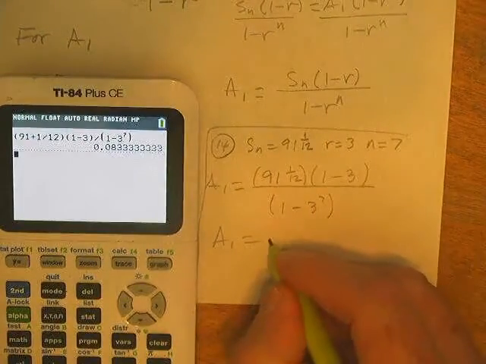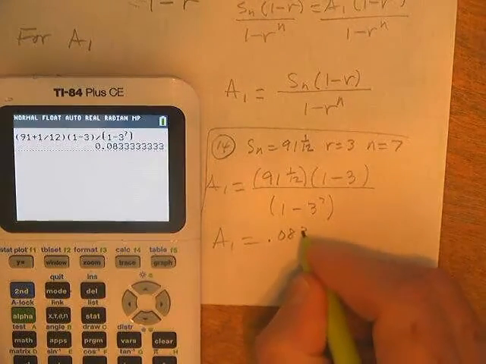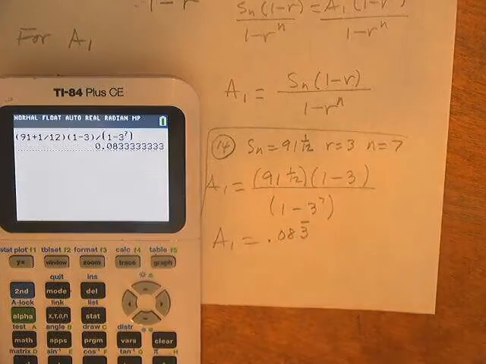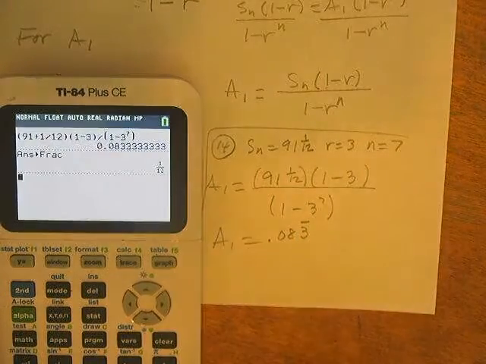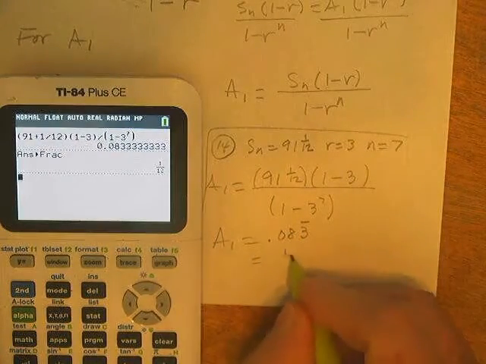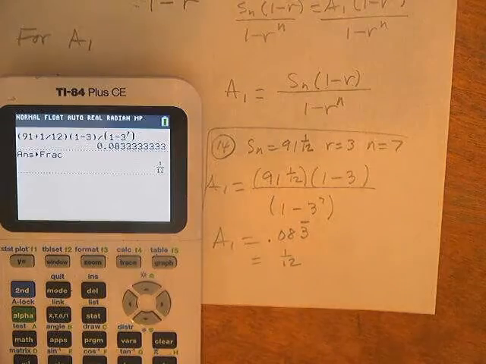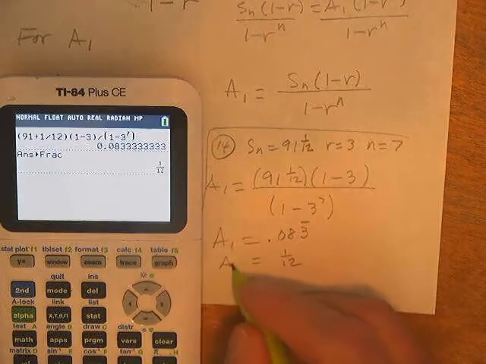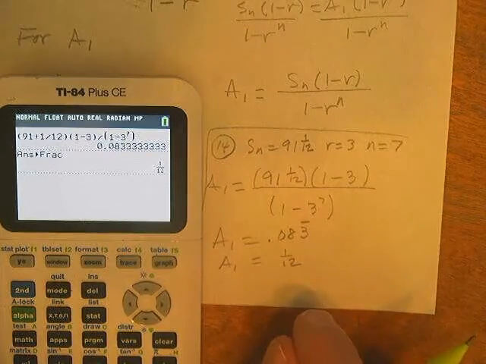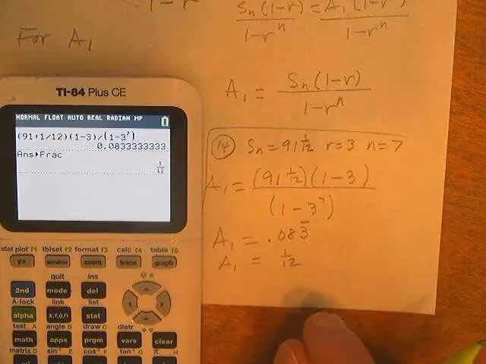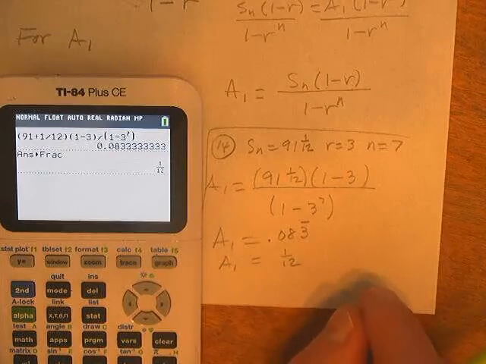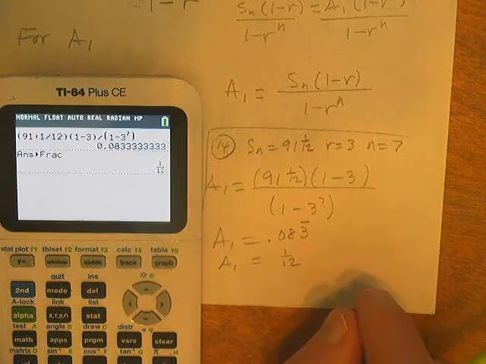Okay, now there's a couple of ways you can write this. If you want to write a decimal, that's okay as long as you put a bar over that 3. Or you can say a 12th if you want to, which is the correct answer, by the way. Is a 12th. Okay, very good.